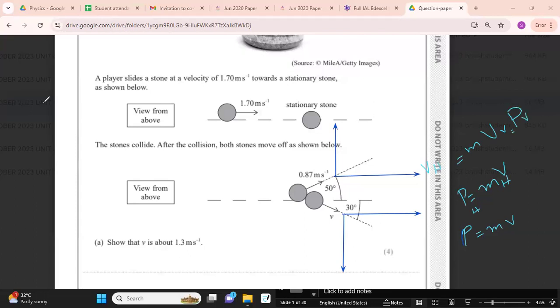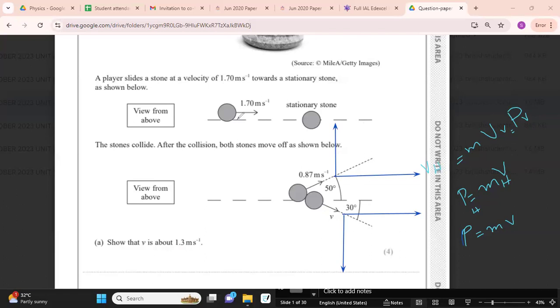This is what I meant by momentum having different components. If I use the horizontal component of velocity, I am calculating the component of momentum in the horizontal direction. Similarly, if I use the vertical component of velocity, I am getting the momentum in the vertical direction.